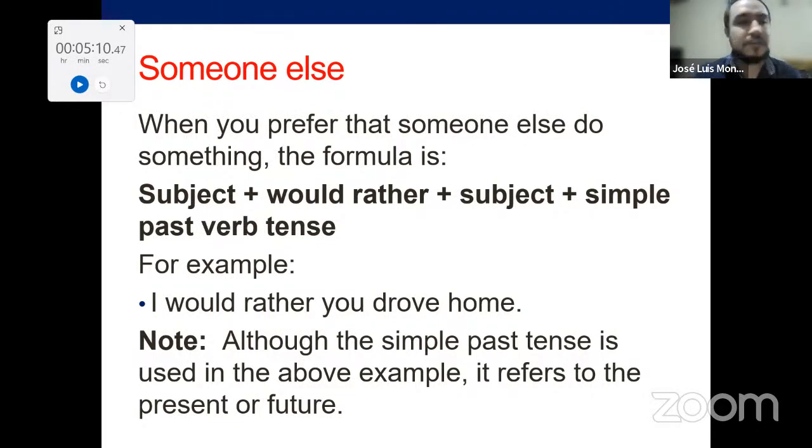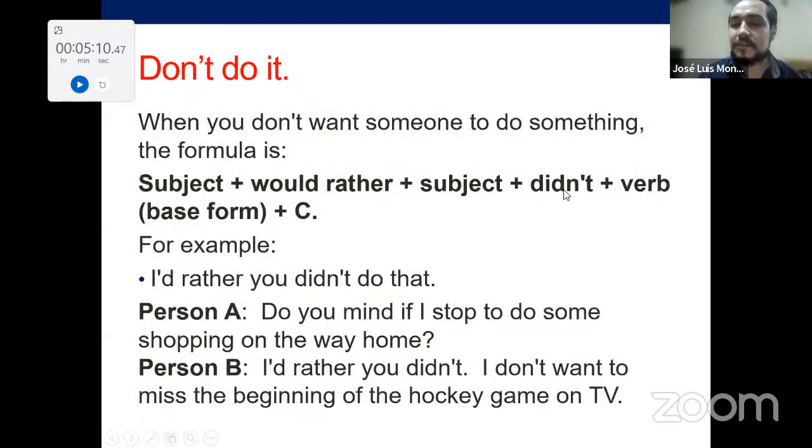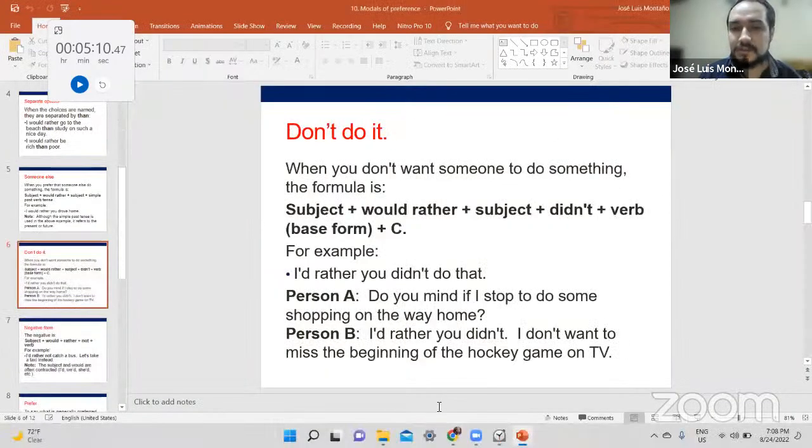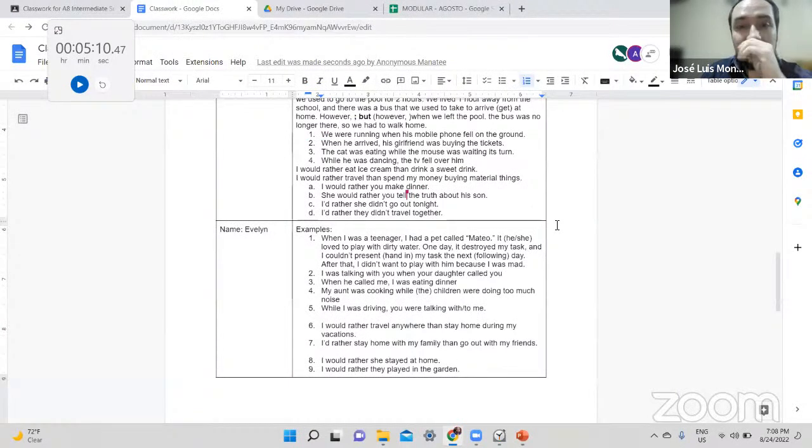Okay, and in that case, you use to do because of want, right? So you want someone to do something for you. But here you use would rather because you're talking about preference, all right? And the other one was the same, but it had to be in negative, didn't plus base form, but you needed 2 different subjects.